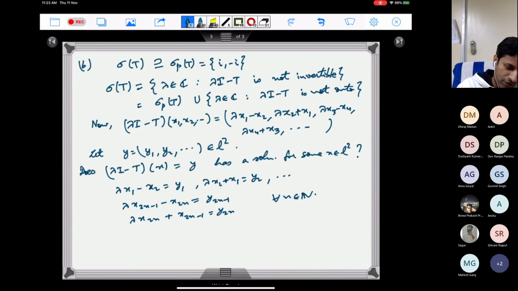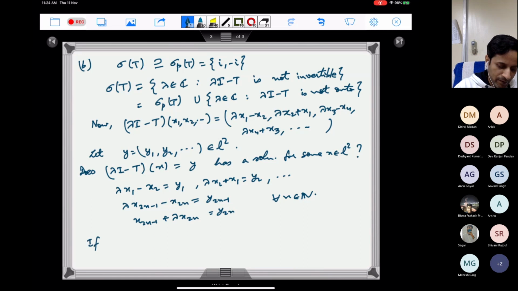Yes, this is correct, but I should write the next one as x2n minus 1 plus lambda x2n. So we get lambda square plus 1 as the determinant. If the determinant of this coefficient matrix is 0, then I can find a vector y such that it has no solution. But if the determinant is non-zero, then I can solve this.